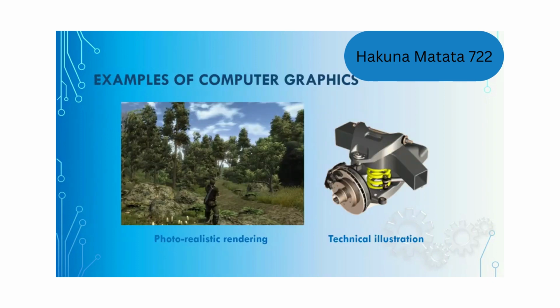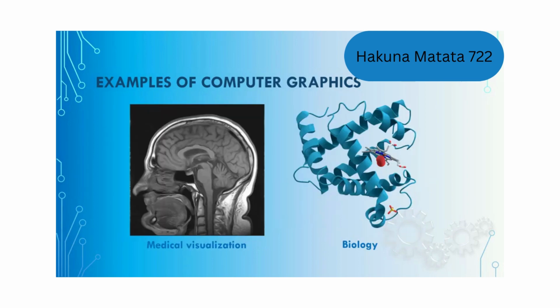For example, you may be doing photorealistic rendering, meaning that you want to render some realistic 3D scenes using computer software. You may also be using computer graphics for technical illustration, meaning that you want to build technical models using software like AutoCAD for illustration. Computer graphics can also be used in medical visualization to diagnose diseases.